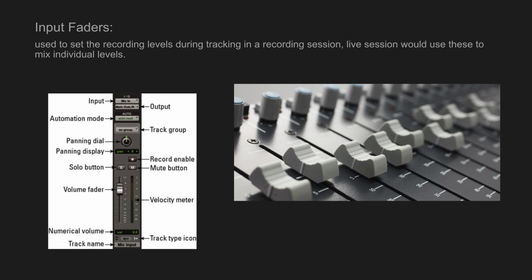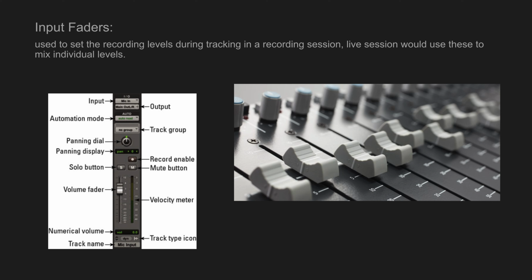So we've already talked about the signal flow, but with your input faders, you are basically going to be mixing the sound of each individual track. Each individual instrument, or mics used on those instruments, or whatever it is, virtual instrument, they'll all be adjusted with the volume fader.